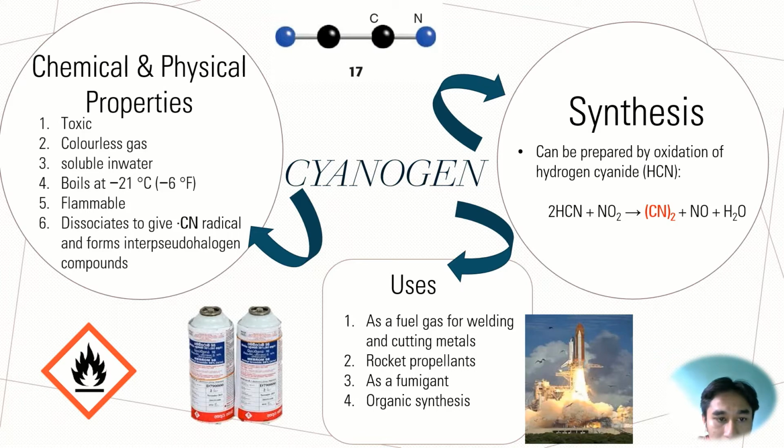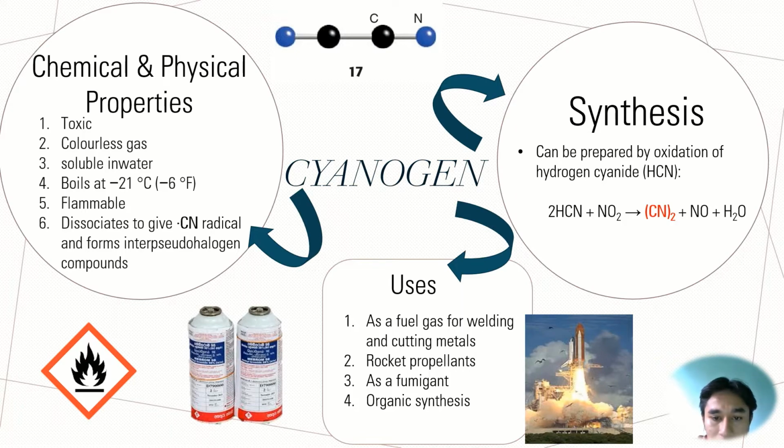It can boil at negative 21 Celsius. It is flammable, and it can dissociate to give a CN radical and form interpseudohalogen compounds such as cyanogen fluoride and cyanogen chloride.